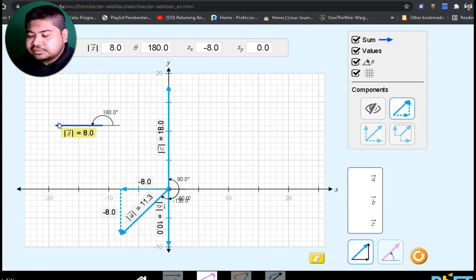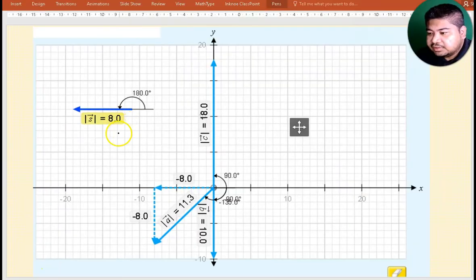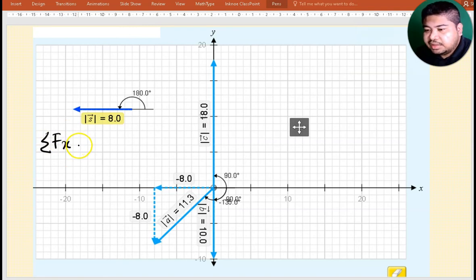So going back to the slide. If you look at the solution from the simulation, this is actually the resultant force in the x-axis. Because the acceleration is in the x-axis, the forces are imbalanced in the x-axis.